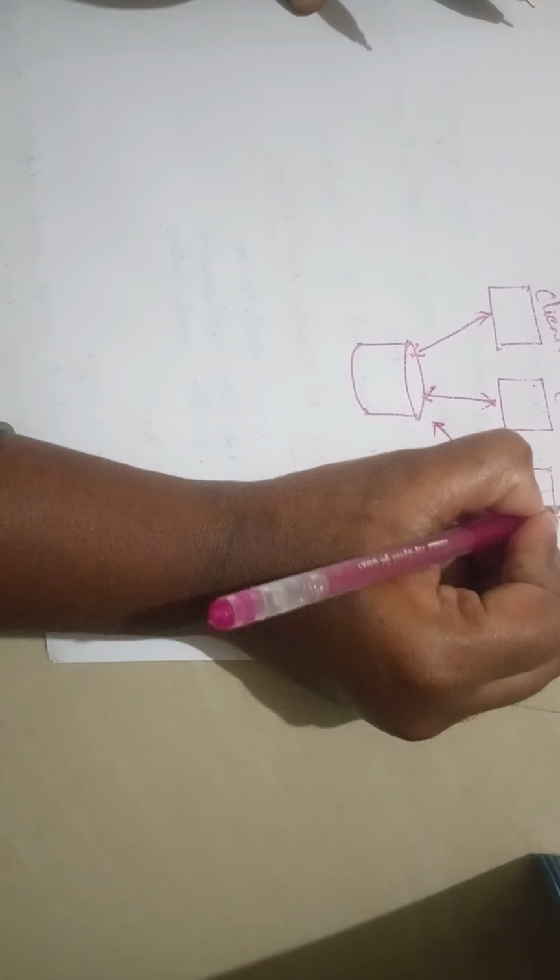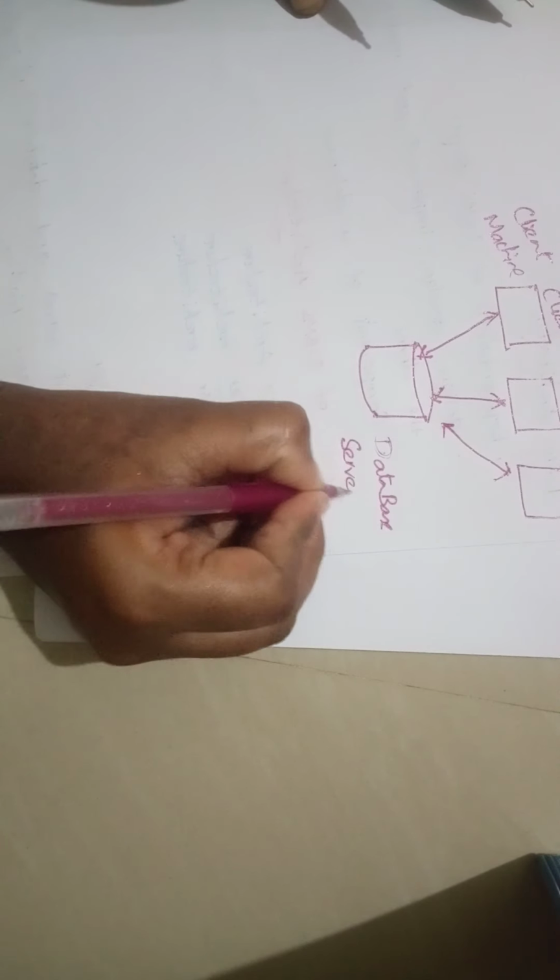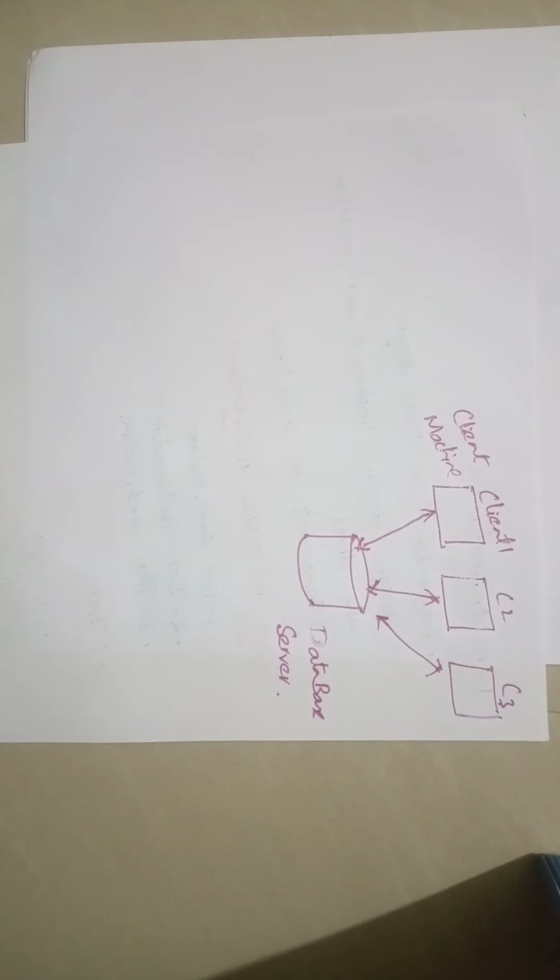So there are client 1, client 2, client 3, which are the client machines, and next, the database server. Two-tier means two layers.